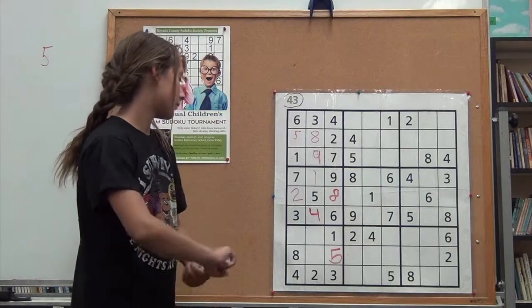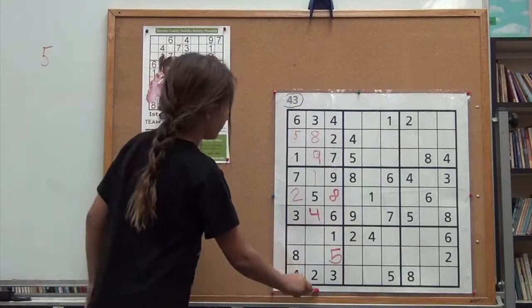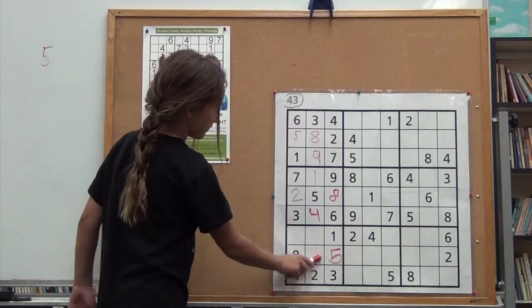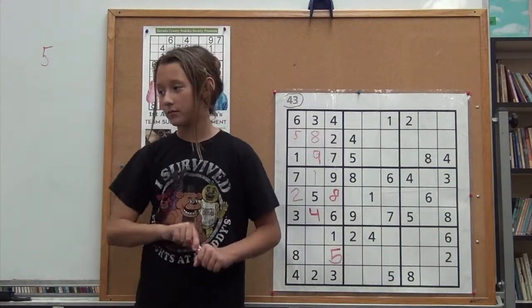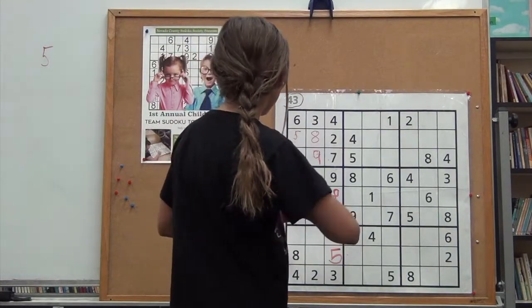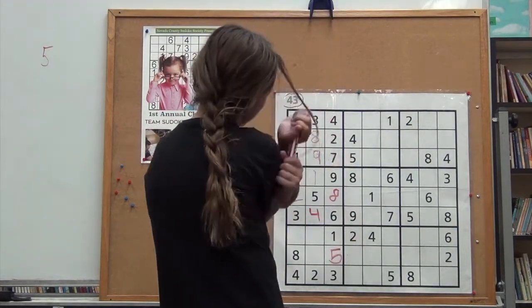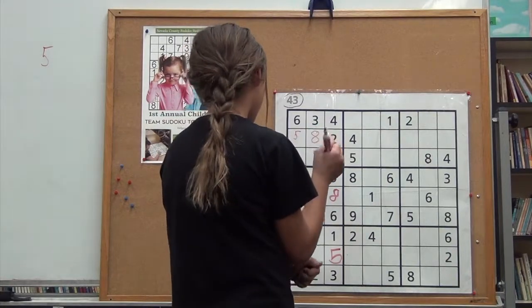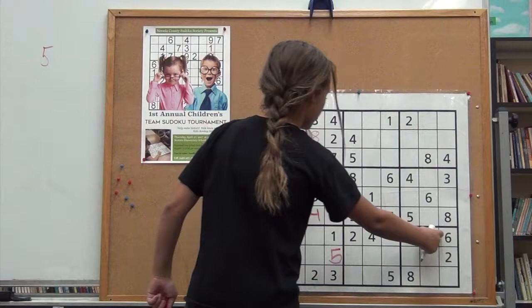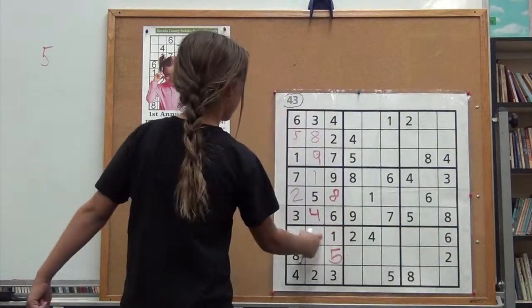Name the family you will work on. I will work on this family, I mean this one. Say which numbers are needed. 6 and 7. Identify the eliminators. This 6 goes here. There's a 6 here, so it blocks from going there and there.